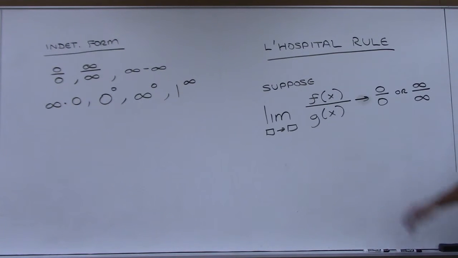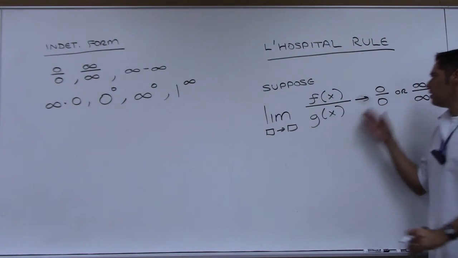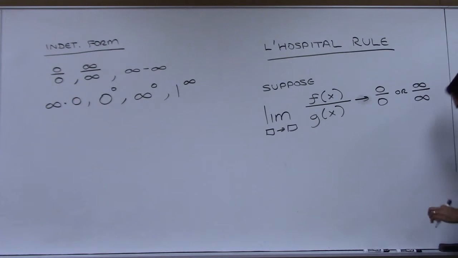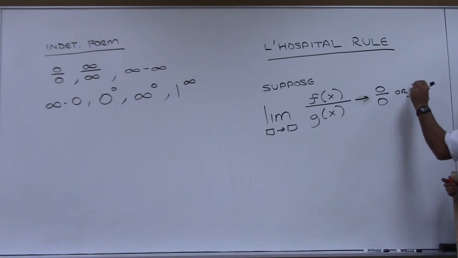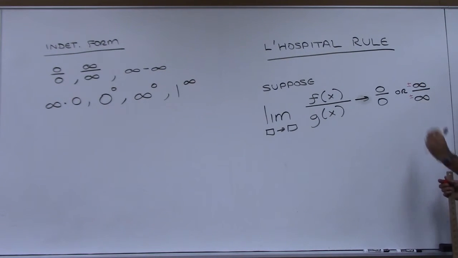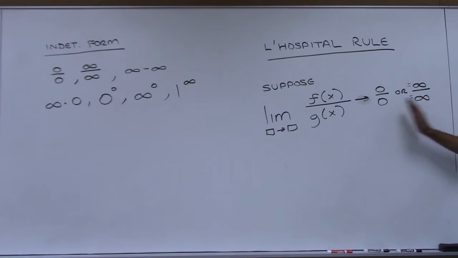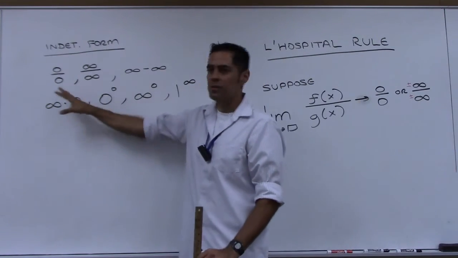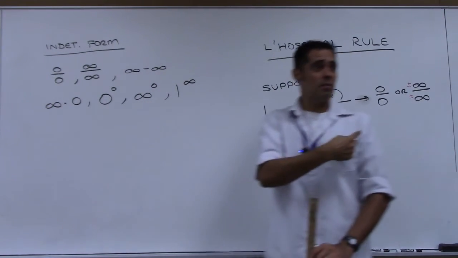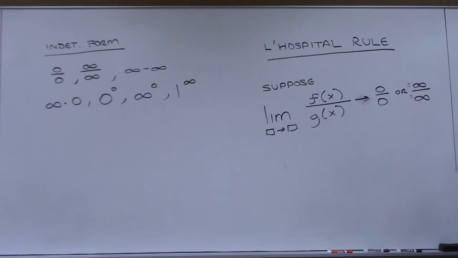So L'Hopital is saying, hey, you're trying to take a limit, you're getting this or this. Also, it doesn't matter if it's plus or minus, because you can always pull a negative out of a limit and it doesn't affect anything. So L'Hopital says, if you have either of these two, here's something you can do. Does L'Hopital address all these others? No, just these two, but that's okay, we'll have a way around that.